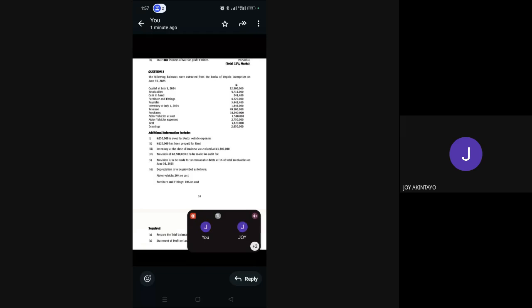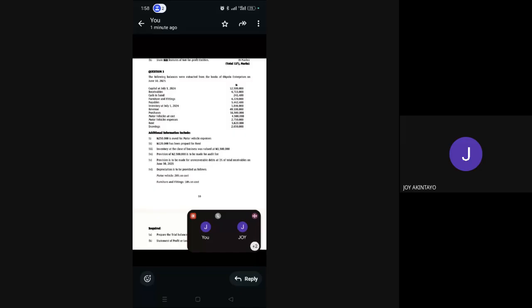Which kind of asset, please? You know, we have two types of assets. We have the non-current and we have the current assets.